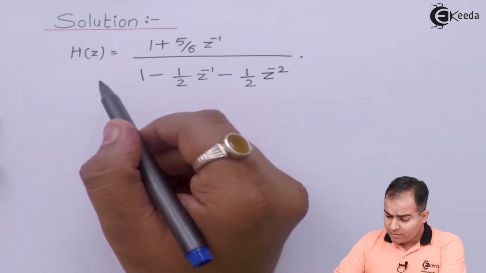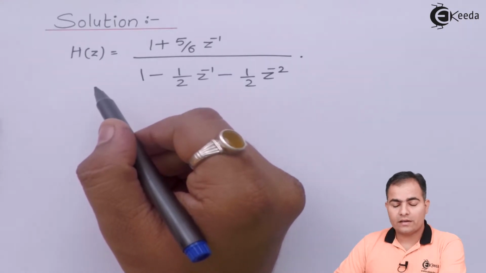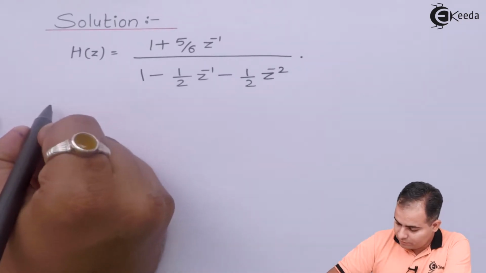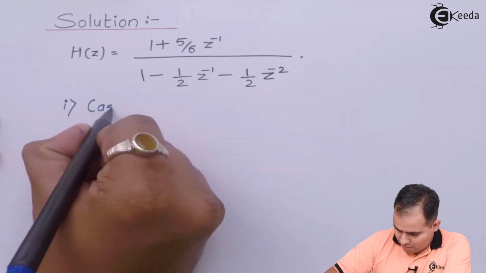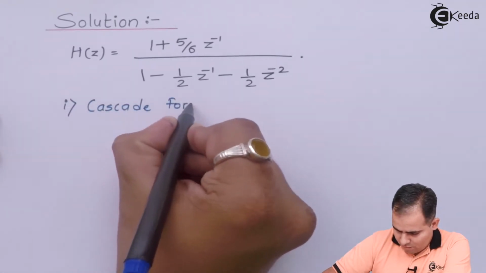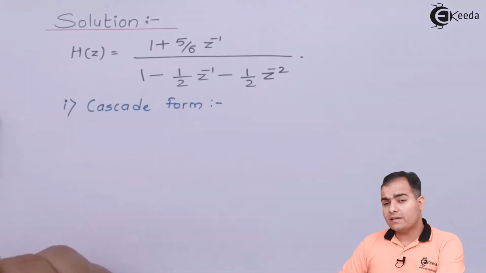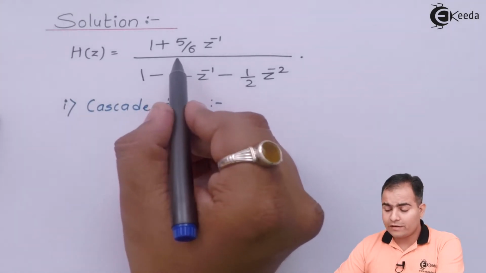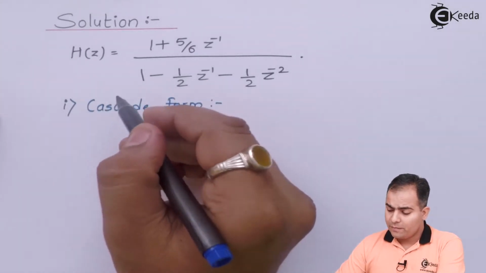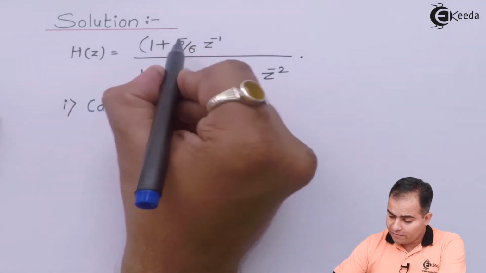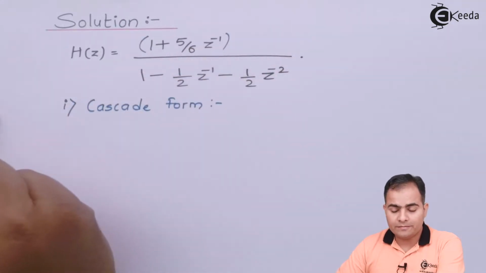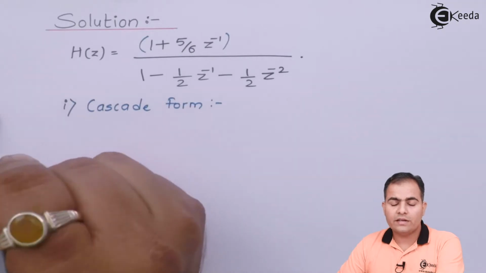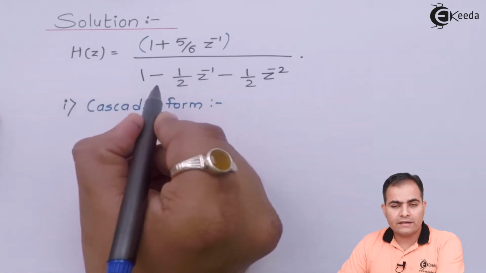Now first of all, we will calculate the cascade form. In cascade form, we need to factorize the numerator as well as the denominator. In the numerator we already have one factor, or one term, but in the denominator we have a quadratic equation, so we will factorize the denominator.